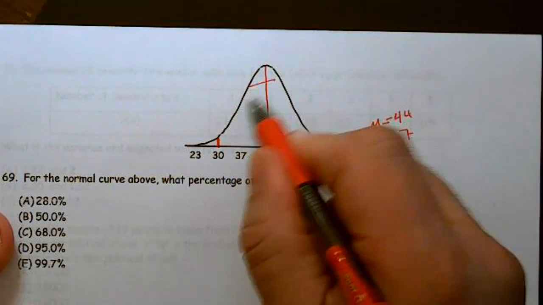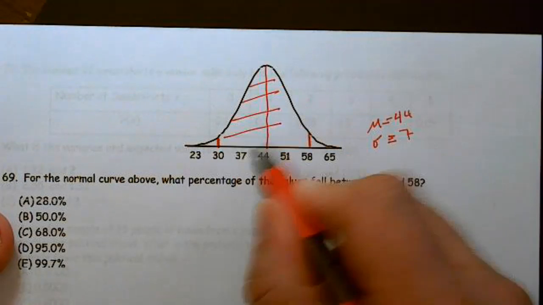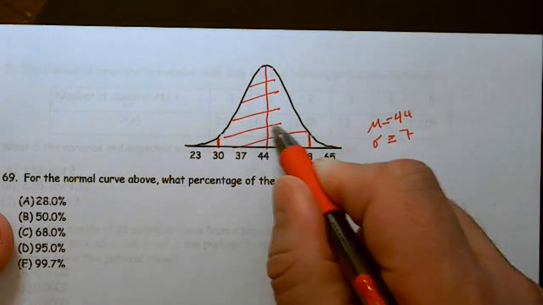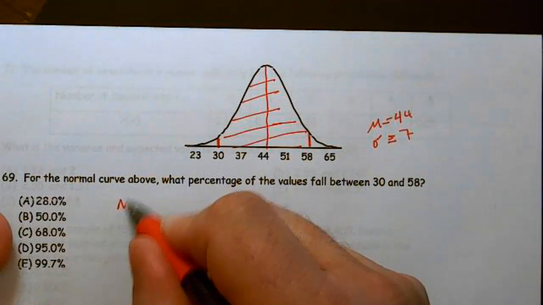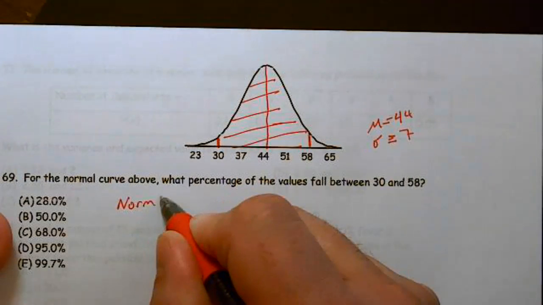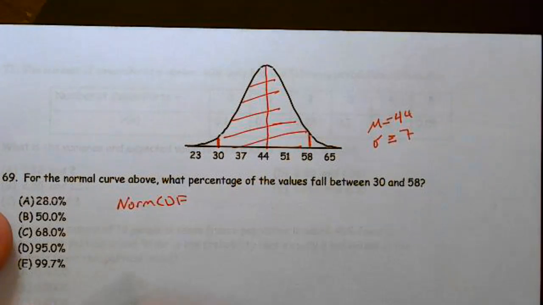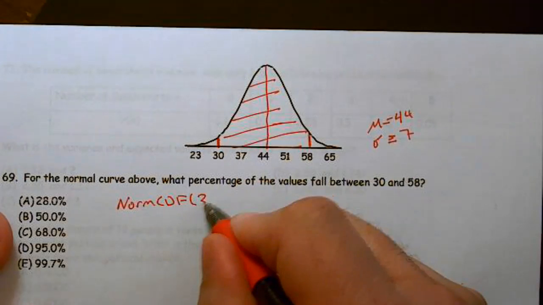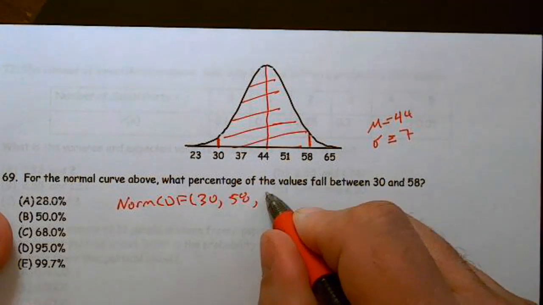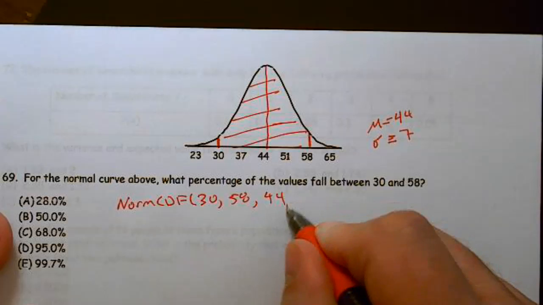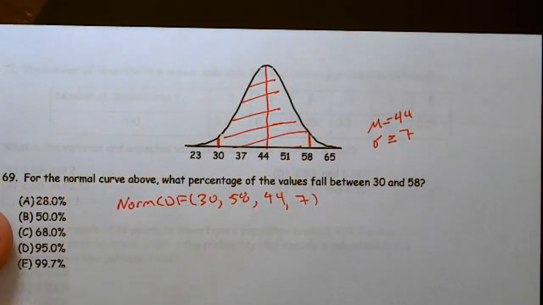And we're looking for the area between 30 and 58. So this is a norm CDF, since it's a normal curve. Lower part of the shading is at 30. The upper part of the shading is at 58. The mean is at 44. And the standard deviation is at 7.